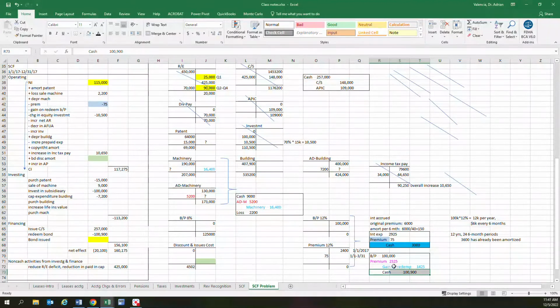Then the gain on redemption needs to be subtracted out from operating activities because your net income reflects a gain for which really there was no cash inflow, right? So we're going to go in here, and I have one of these set up for that. Here's the gain on redemption, so that's going to be a subtraction of 14.25.